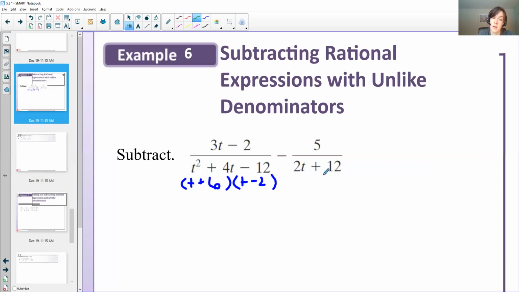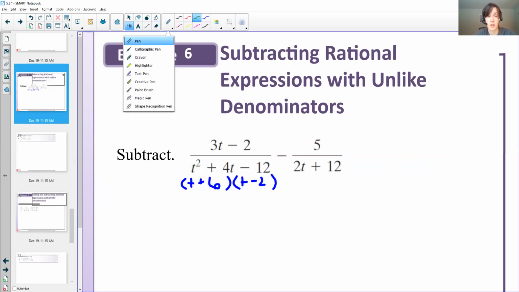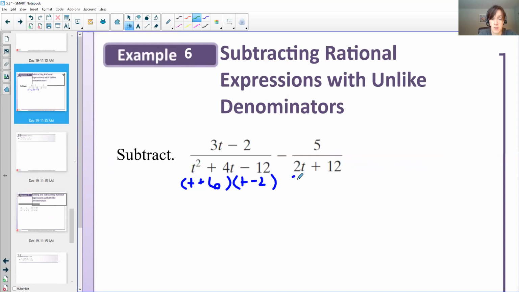And then over here, 5 I leave alone, but the bottom, I can factor out a common factor of 2. So I can pull out a 2 here, and I get t plus 6.